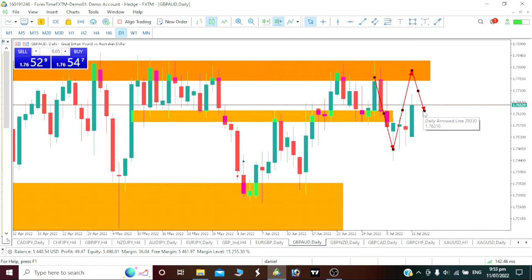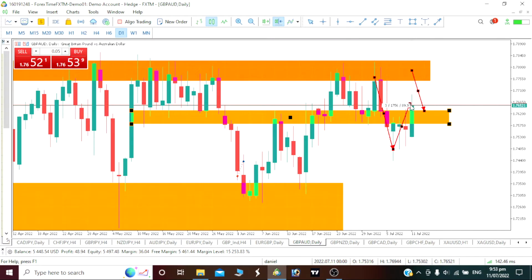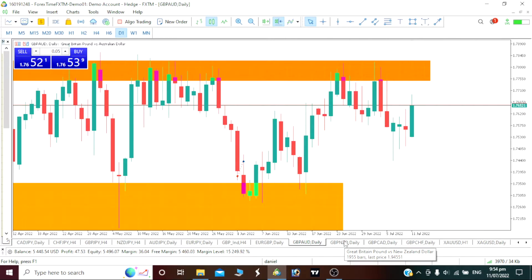So by the open of the London session, we should be aiming to actually take a shot, which means we are still in a legitimate ranging market move. And if it does not happen, then we should probably be seeing our retracement here and a fall, breaking our previous lower lows. So above all, we are aiming to go short on our pound to our AUD, depending on how our price plays out by the time our London session opens for the day.